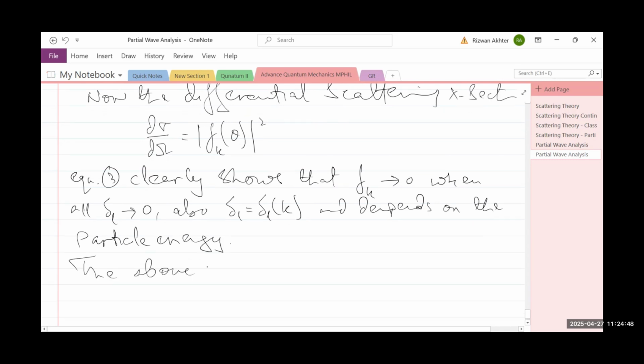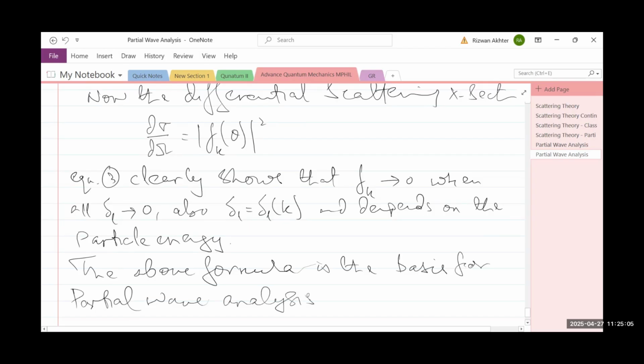So the above formula is the basis for partial wave analysis. Why?